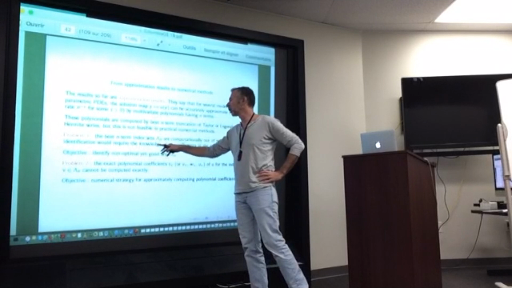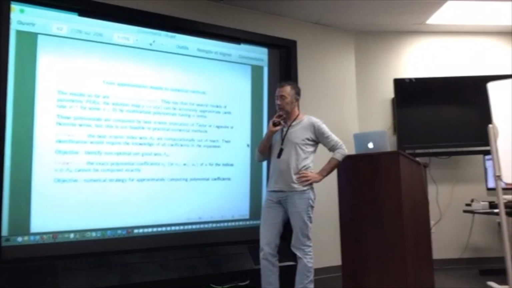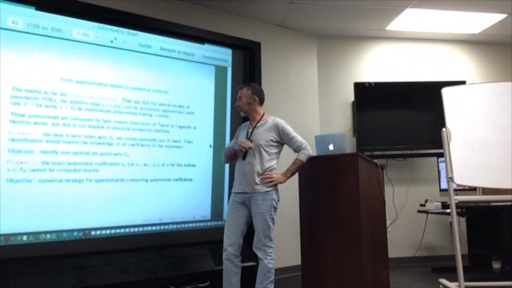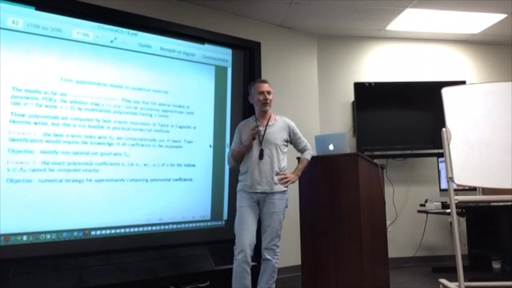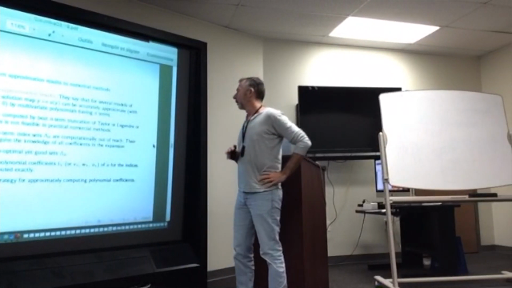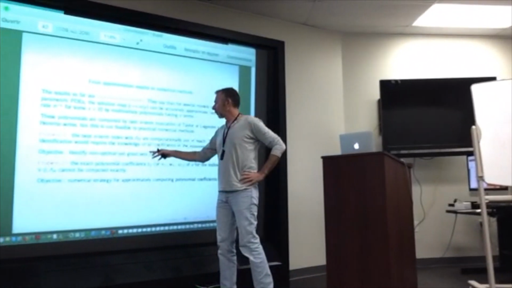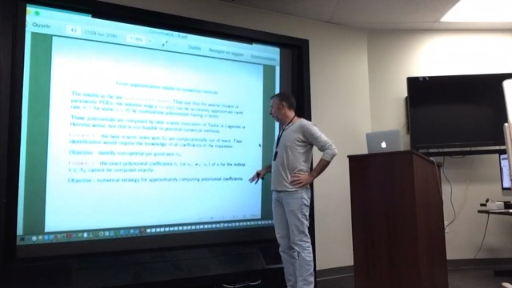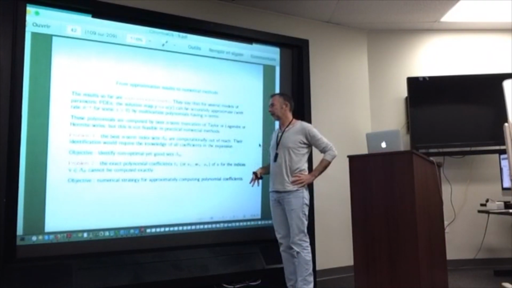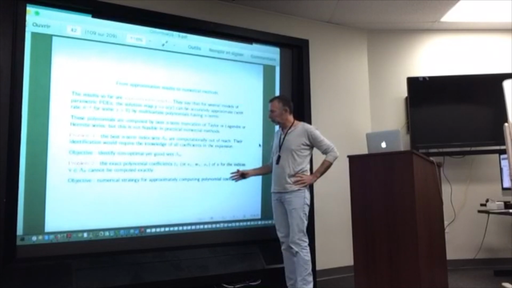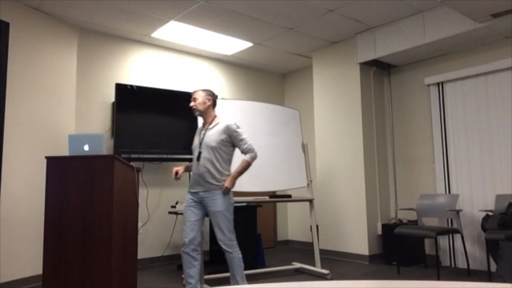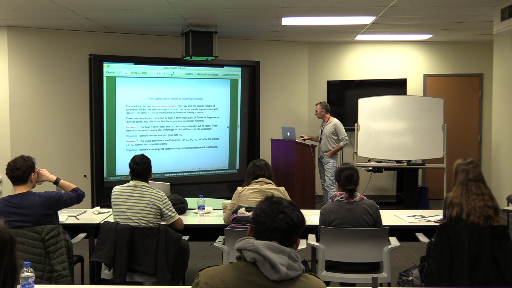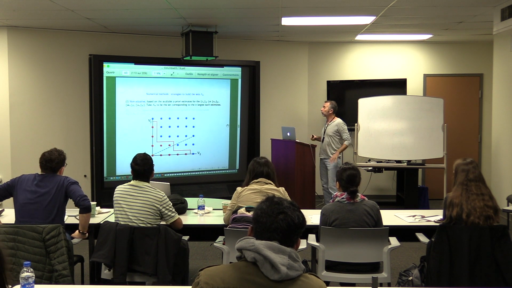We have to understand which index sets we want to use, and in principle, we should compute all the coefficients in this expansion and look at which are the largest ones, but we cannot obviously do that. So we need a strategy to identify them. And secondly, once we have identified them, we need a strategy to compute these polynomials. We cannot compute the exact projection. And this is where least squares will be an option.